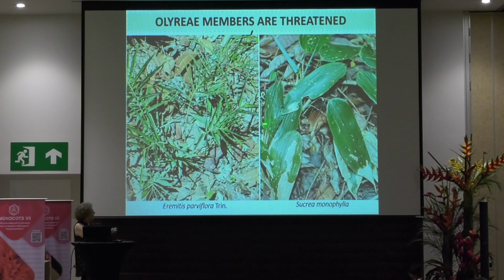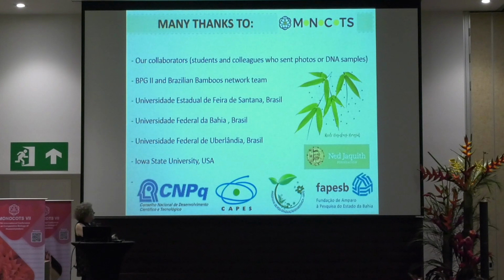They simply cannot deal with the increased light and dryness when the forest is removed. Their woody cousins, the woody bamboos, are often much better at withstanding these conditions, but not these guys. So I just want to thank everybody, and Patricia would like to thank everybody, and all of these sources of funding and our collaborators. So thank you.